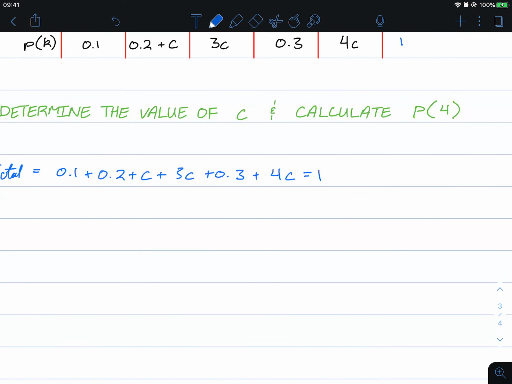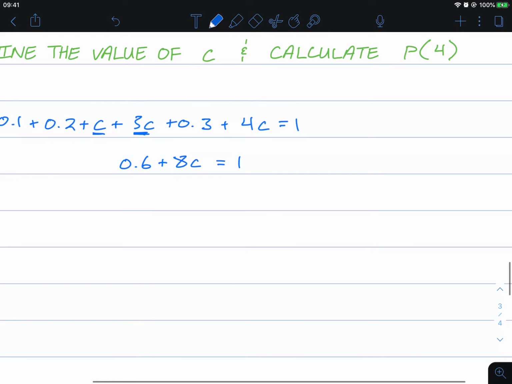Adding up all the values, 0.1, 0.2, 0.3, that's a total of 0.6 plus C plus 3C is 4C plus another 4C is 8C equals 1.